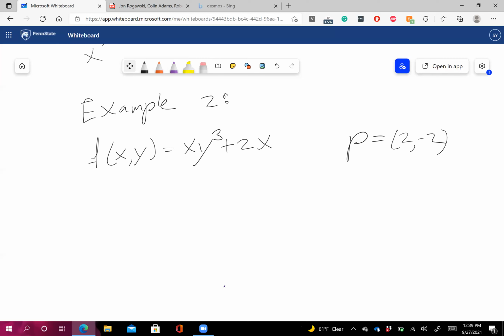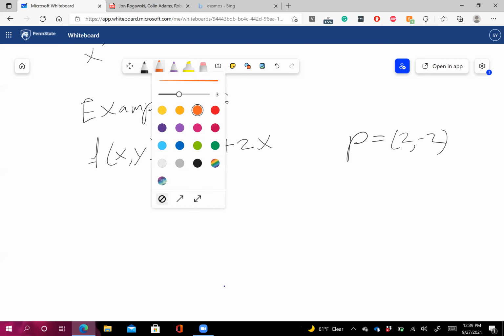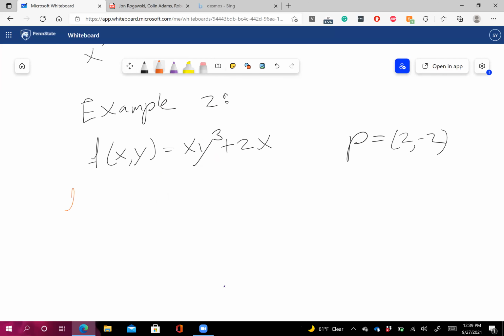Okay, so again, we need 3 pieces of information. The first piece of information is what is f at 2, -2.